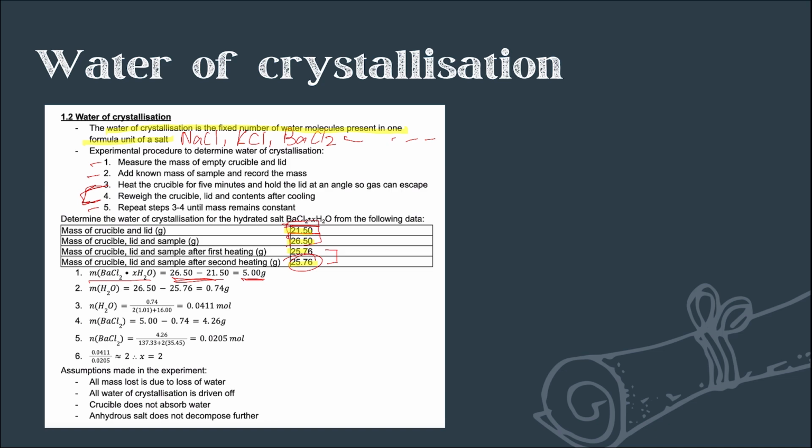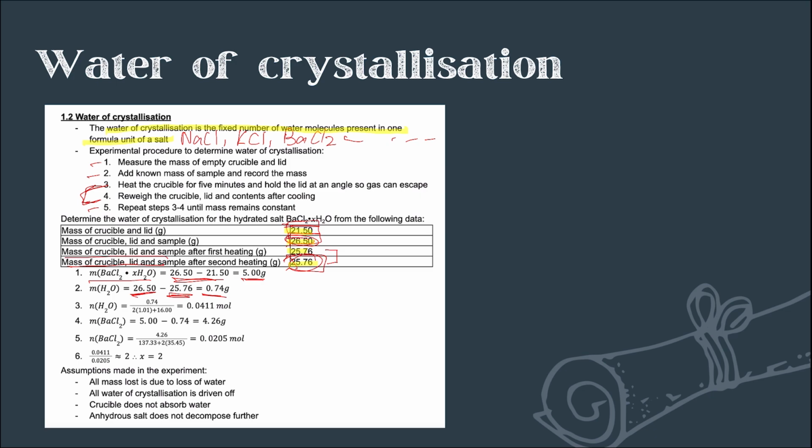Both of these have the crucible and the lid, so we don't have to subtract anything there to get the mass of sample after heating alone. They will just cancel out. So we have 26.5, the hydrated sample with the crucible and the lid, minus the dry sample plus crucible plus lid. That gives us 0.74, which is the mass of water.